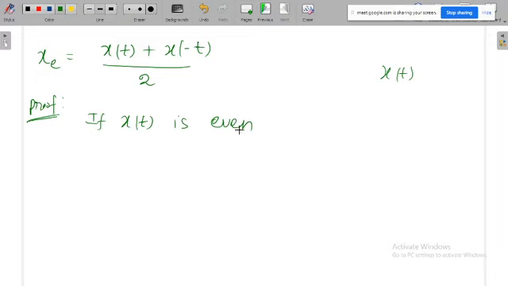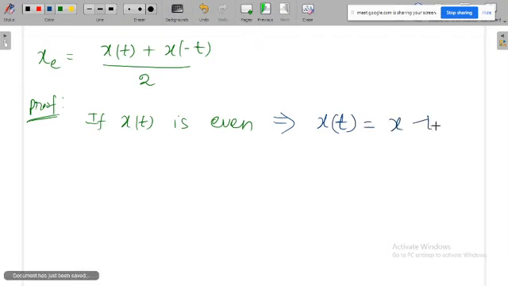Then somebody tell me, what is the condition? If x of t is an even signal, what mathematical condition does it have to follow? Then if x of t is even, then x of t is equal to x of minus t. Is it not, sir?